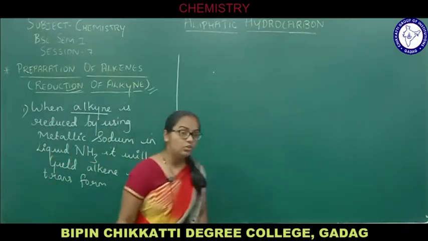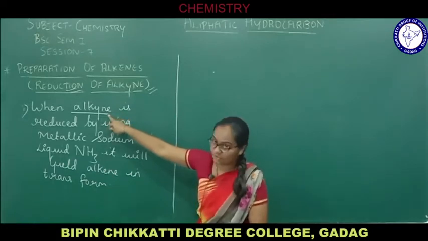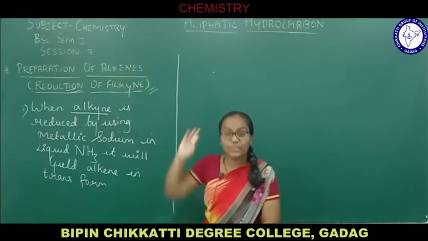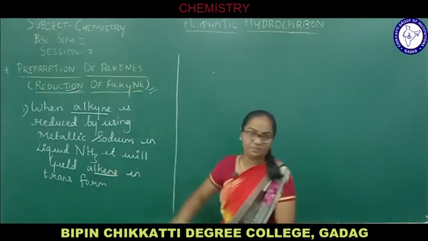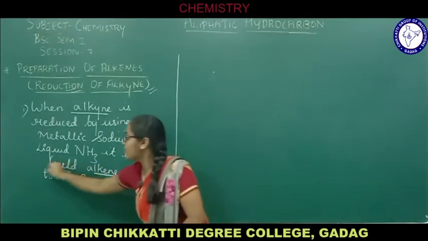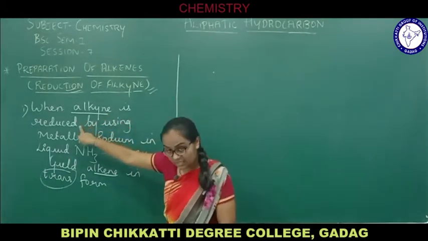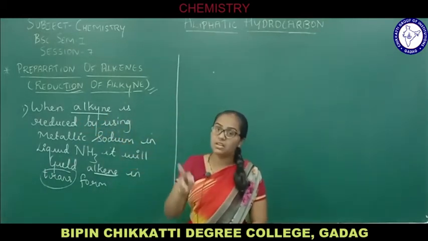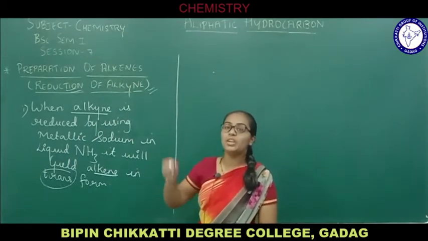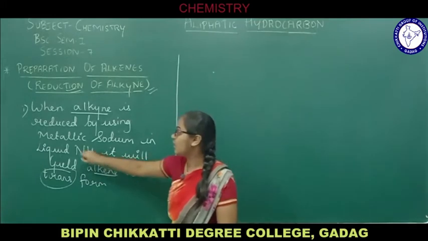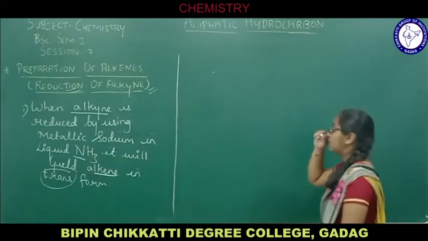What they are saying here is that the alkyne is undergoing reduction. The alkyne has to be reduced in order to obtain an alkene. Which form is it? Trans form. Here the alkyne has to undergo reduction in the presence of metallic sodium, which is poured into a liquid called ammonia. So let's understand by taking the general reaction.